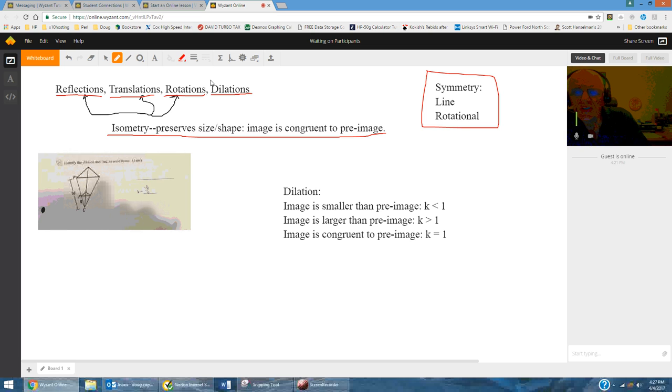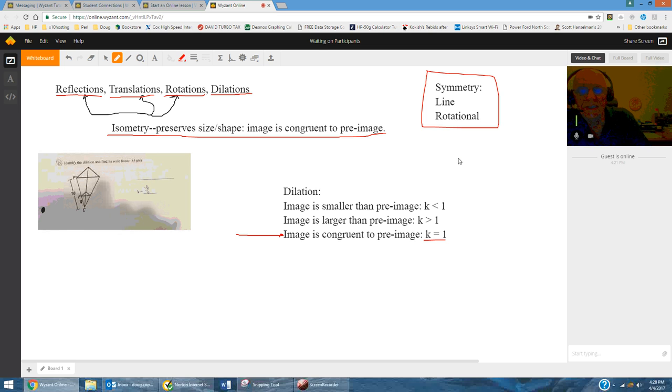The size of the image is usually smaller or larger than the pre-image, although some textbooks introduce a dilation which has a scale factor of 1, and then in that case the image and pre-image are congruent.